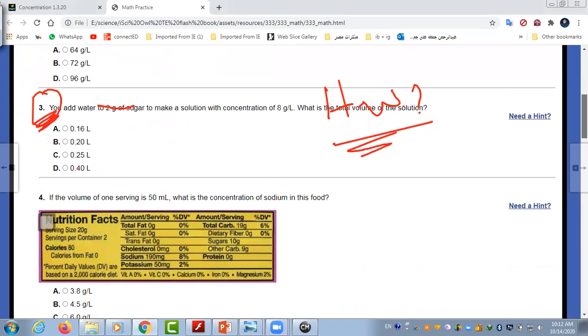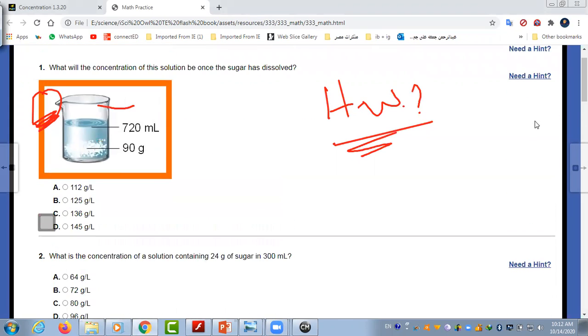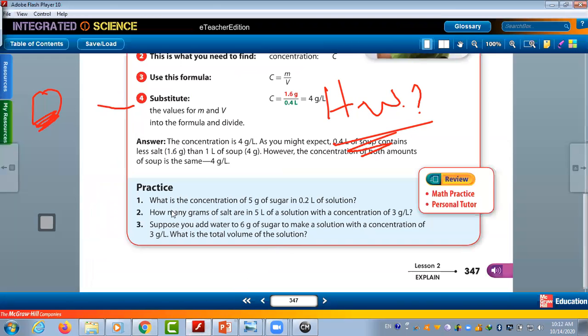Okay, Shabab. We have another idea for the problem, like in this one, how many grams? This time we want you to calculate mass. This one wants you to calculate volume. Inshallah, tomorrow we will take how to calculate the mass and how to calculate the volume.